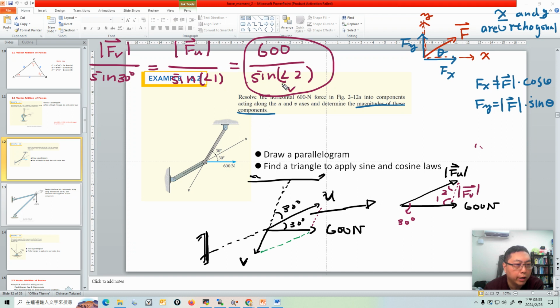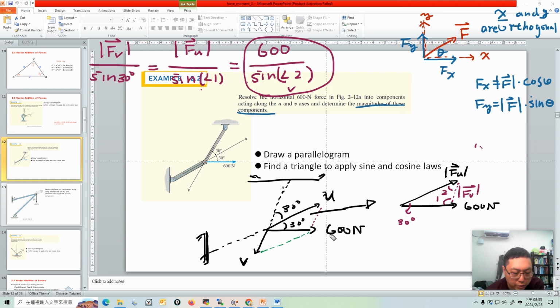Because we already know angle 2 and 30 degree, we must know angle 1 and then solve FU. So the criterion is to find angle 2. What is angle 2? Do we have any information about angle 2?